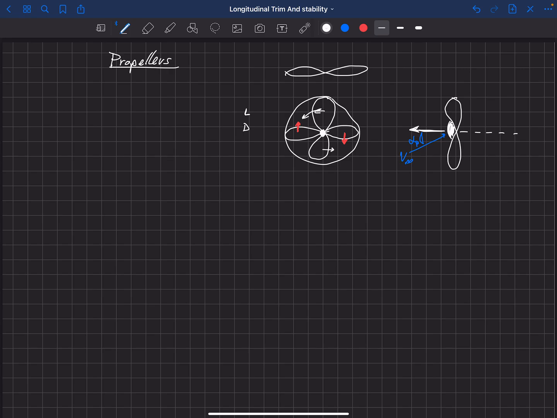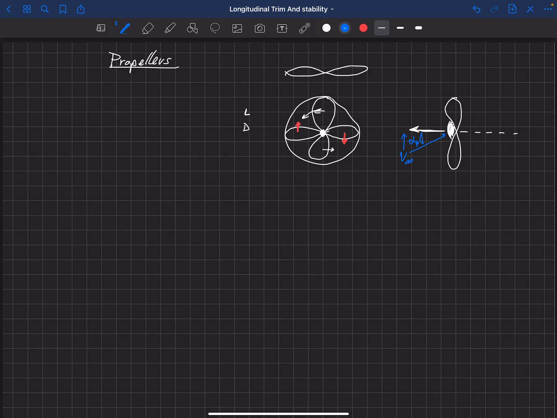Okay, so here's the axis of the propeller. And let's say we have some angle of attack. Well, first I should draw, we have now two components of velocity that this propeller is seeing.